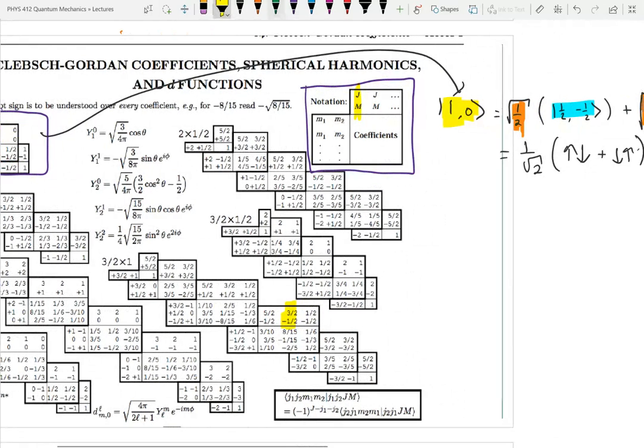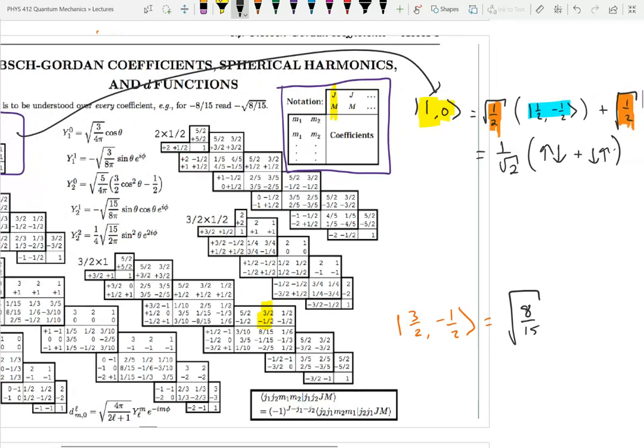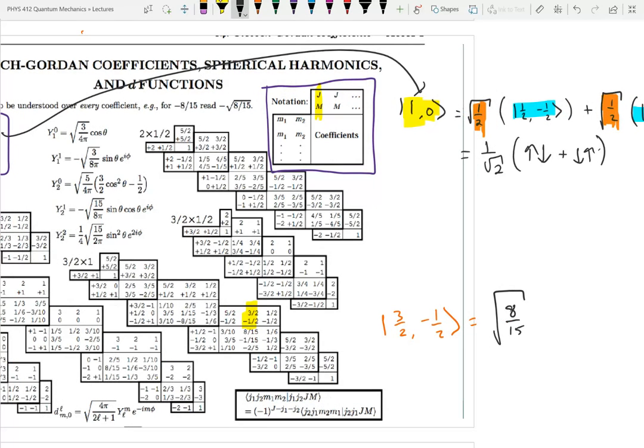So what do I have for my state? It'll be square root of 8/15, one. That's right. And then we have 1/2, minus 1.